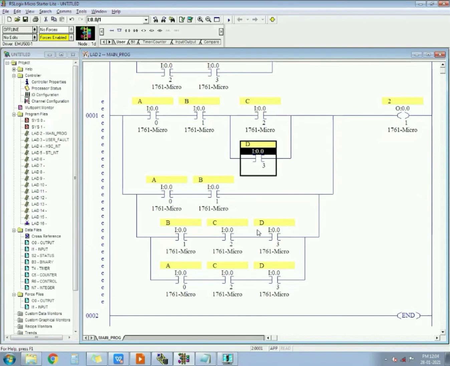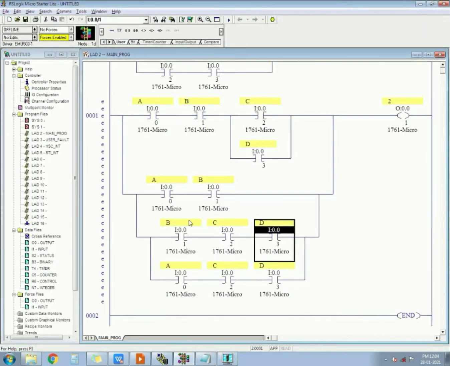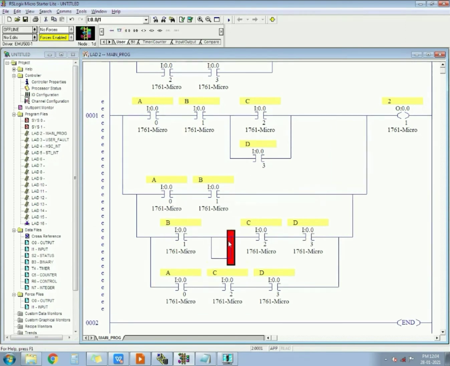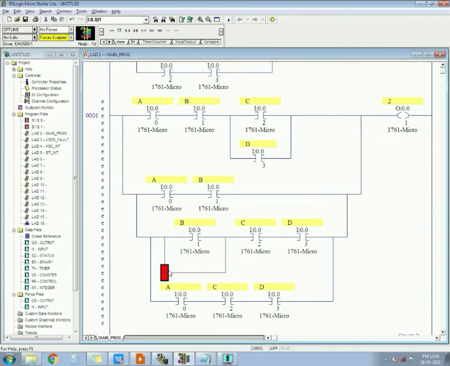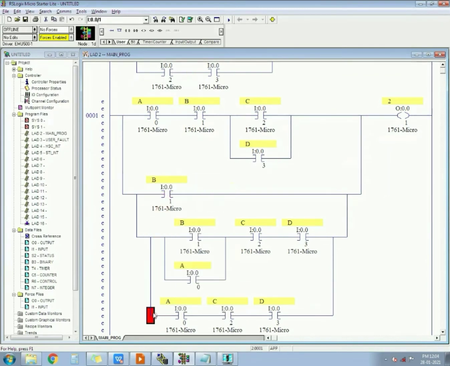Now here you can see C and D are common. In the second line, A, C, D and B, C, D, C and D are common, so we'll use C and D as common and take B and A in parallel. So I can reduce this line also.